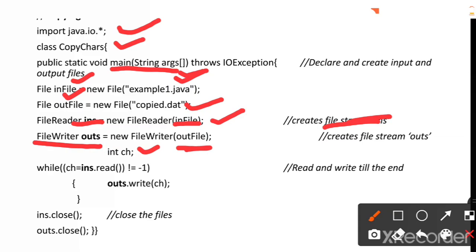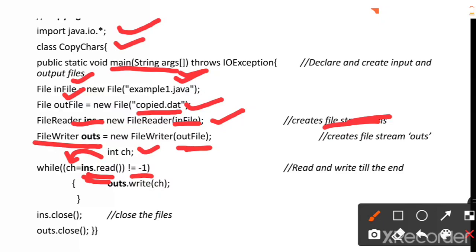And I'm declaring a variable of integer type, int ch, and in the next line I'm reading the characters from the file, and then writing each character that is read into the other file. So how am I performing this? Through the input stream object, ins.read. This reads the character from the input file, that is example1.java, and every character will be stored in ch. If this ch is not -1, then it represents a character, and that character will be written into the output file, that is the copied.dat file, by calling the write method.